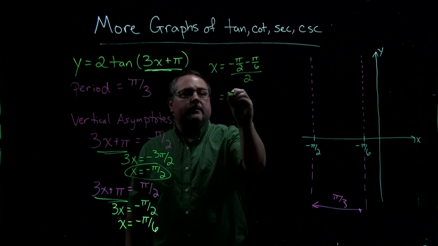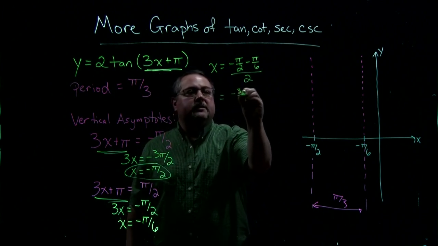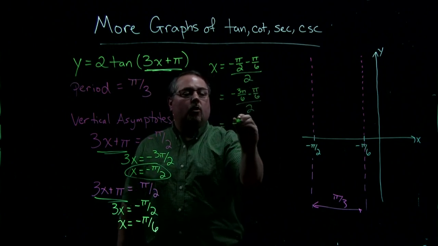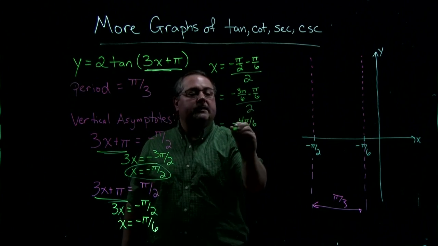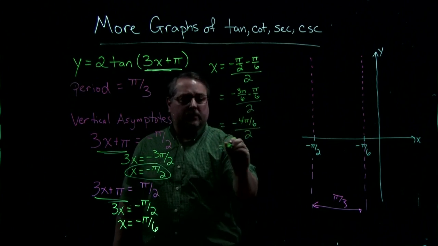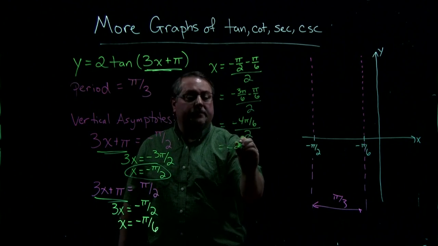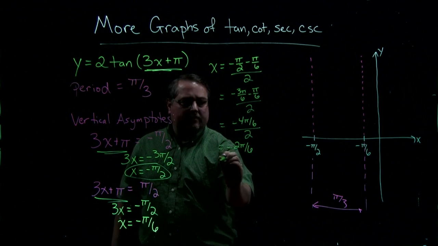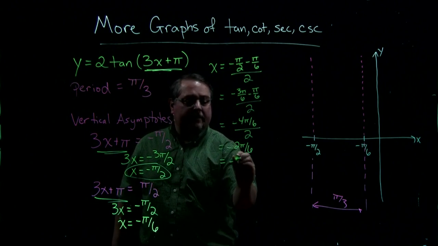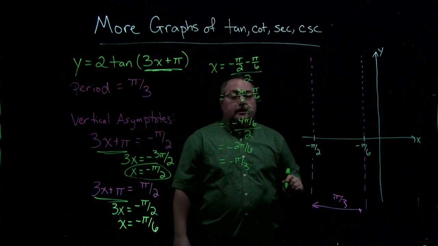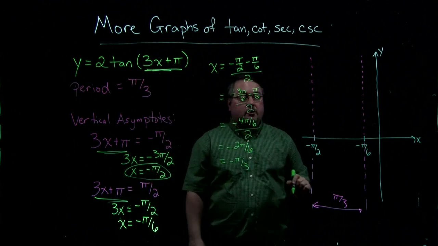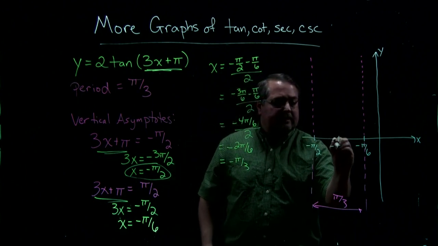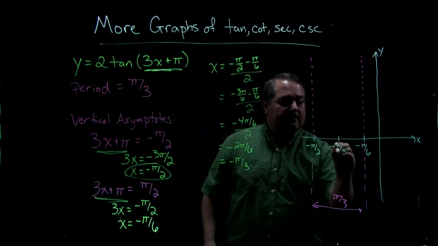That's negative 3 pi over 6 minus 1 pi over 6, divided by 2, or negative 4 pi over 6 divided by 2, or negative 2 pi over 6, which is negative pi over 3. In other words, halfway in between negative pi over 2 and negative pi over 6 is negative pi over 3.